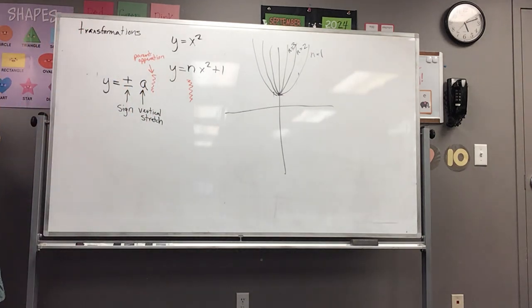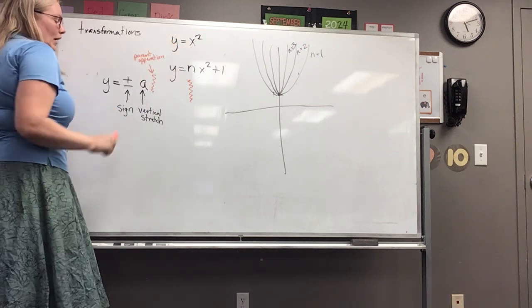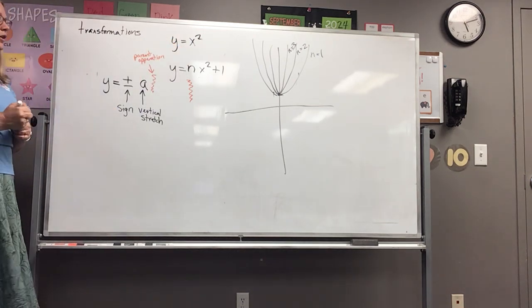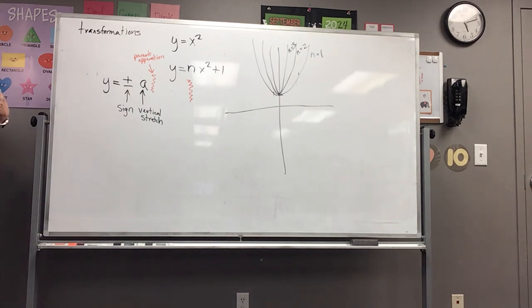Something is happening, whether it's being squared, square rooted, doesn't matter. But the parent operation says this is the basic graph. In this case it was x squared. But there are two ways to change this within the operation.